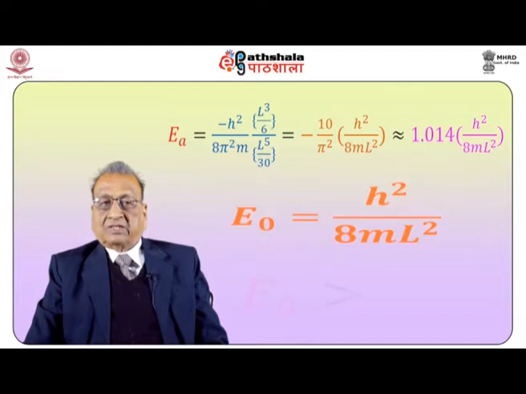One thing we note is that EA is greater than E0, but the value is not so bad. There is a reasonable agreement, and we also obtain the wave function as x times (L minus x).